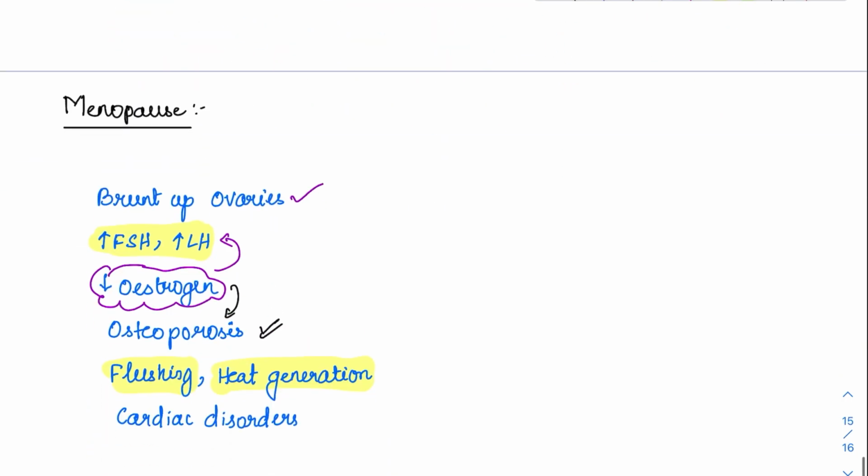Now coming back to the flushing and heat generation, this is imbalance between the estrogen and progesterone, and suddenly a vasodilatation can happen. Then they might develop cardiac disorders. Usually before menopause, females have a cardio protection activity. Estrogen usually causes a little vasodilation.